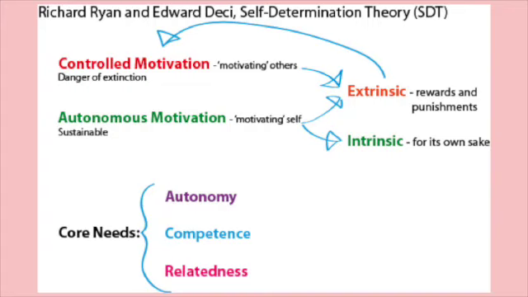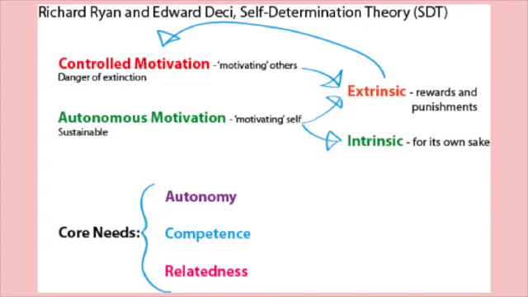So for example, if I love to dance because it feels good and I just love doing it and my body just insists that I dance, that would be intrinsic motivation, where I'm doing it for its own sake. But if I'm a good dancer, I also might decide that I want to do my ballet exams, for example, or enter a modern dancing competition. It's still me who's choosing to do it. It's coming from inside me, but I am doing it for some kind of reward that is on the outside.